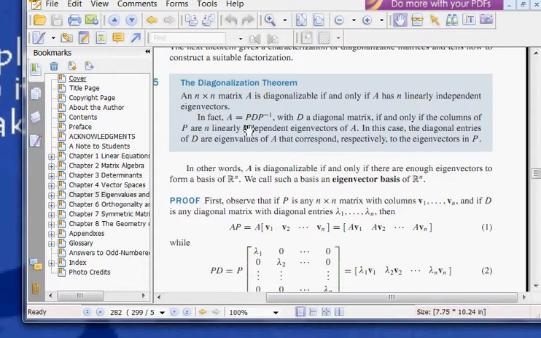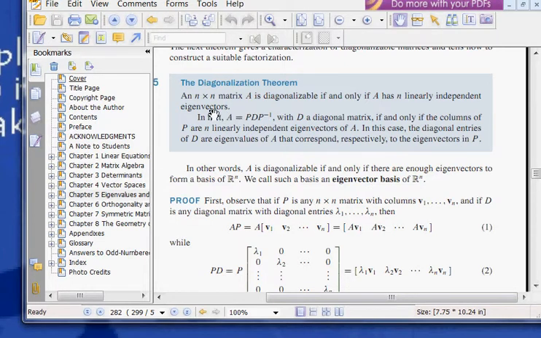In fact, A equals P times D times P inverse with D a diagonal matrix if and only if the columns of P are n linearly independent eigenvectors of A. In this case, the diagonal entries of D are eigenvalues of A that correspond respectively to the eigenvectors in P, okay?